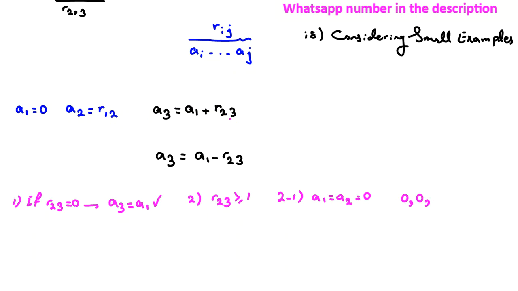Next one, R23 or negative R23, both of them are similar because you can negate all values. So you can say, okay, A3 is R23 and you can consider it is good and finished. Case 2: suppose A1 is not A2.